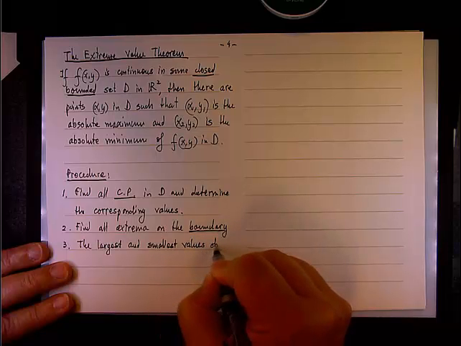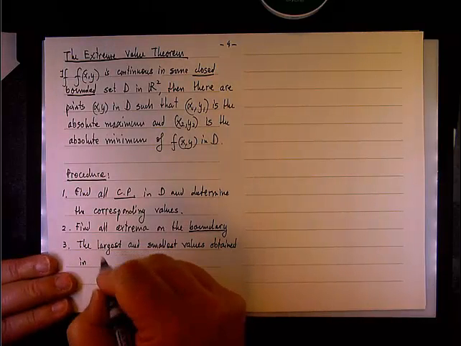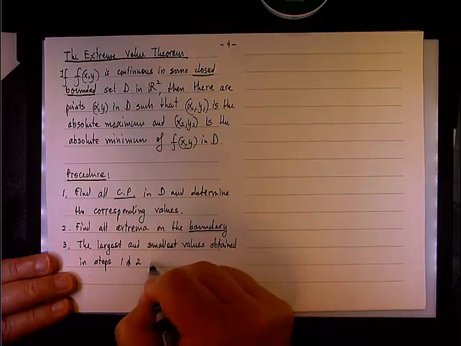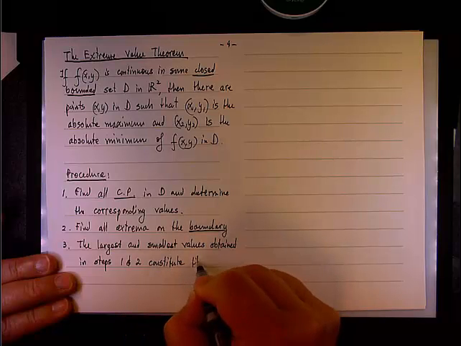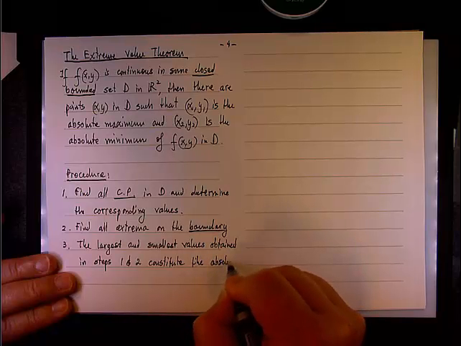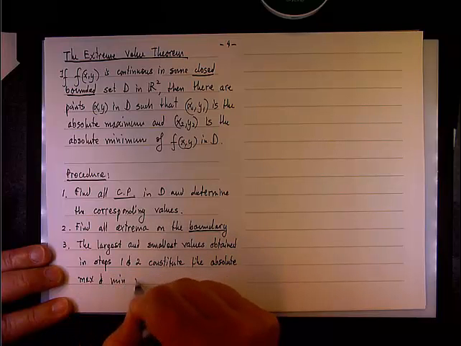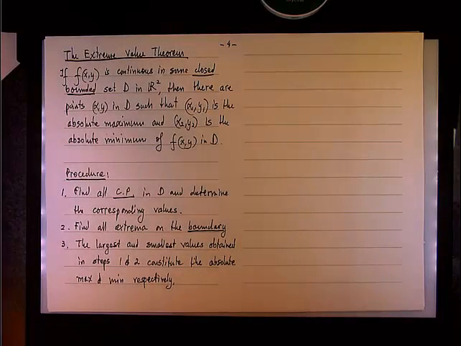And then the largest and the smallest values obtained in steps 1 and 2 constitute the absolute max and min respectively.